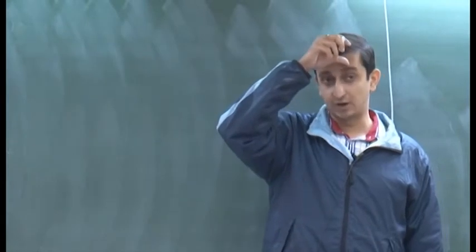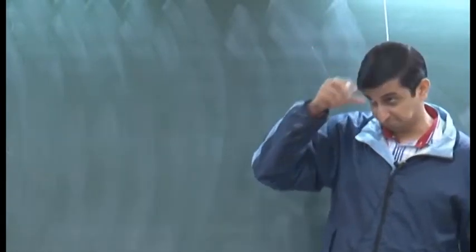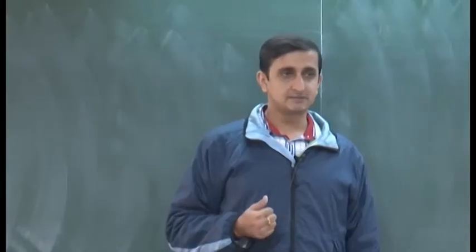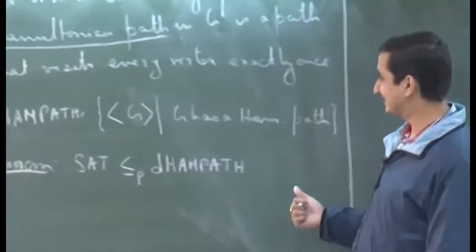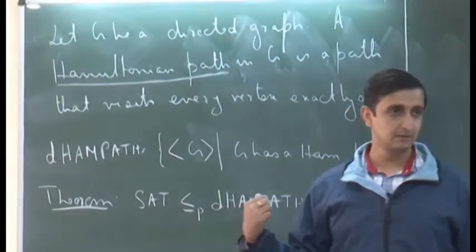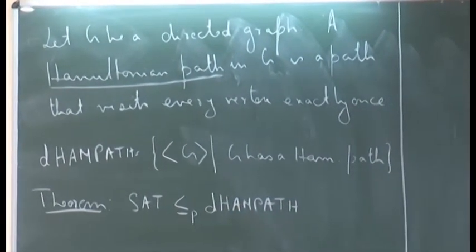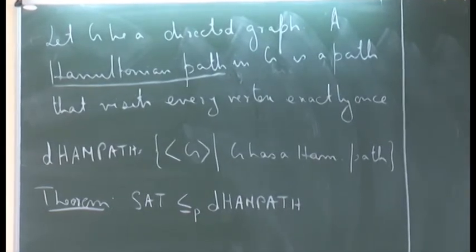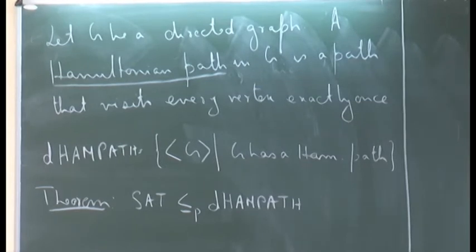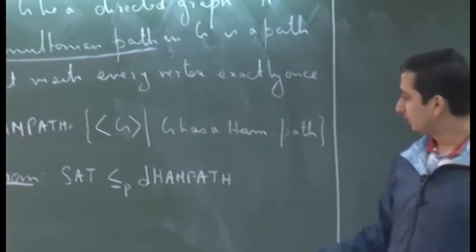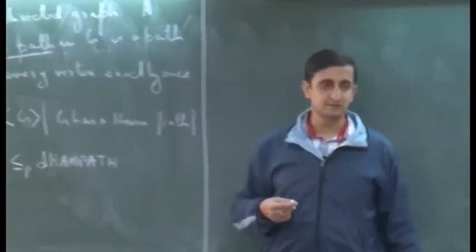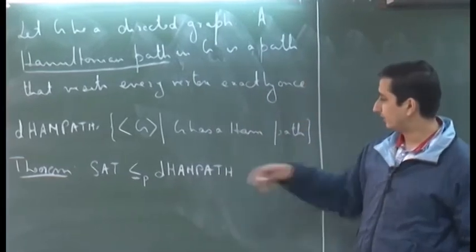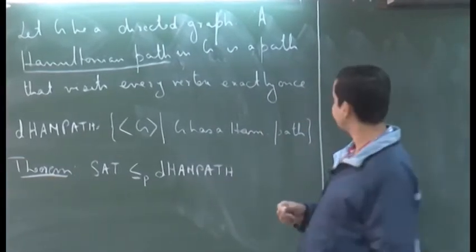How many of you think it is not? Okay. So, why do you think it is in NP? Yes. So, you just guess a sequence of n vertices, and now you check whether that sequence forms a path or not. That can be checked in polynomial time. So, that is a polynomial length certificate and a polynomial time algorithm for verifying that D Ham path is in NP. Therefore, this reduction would show that D Ham path is NP complete as well.